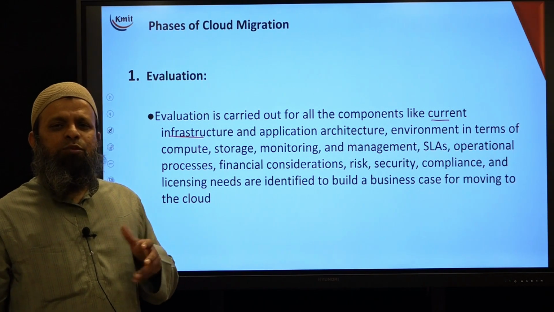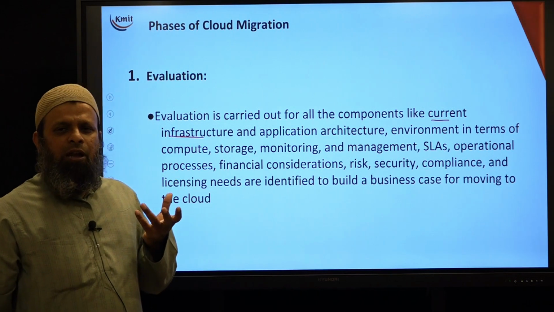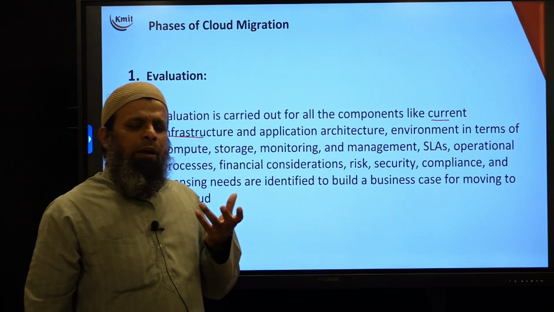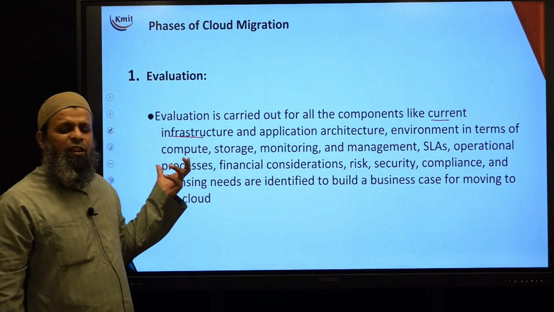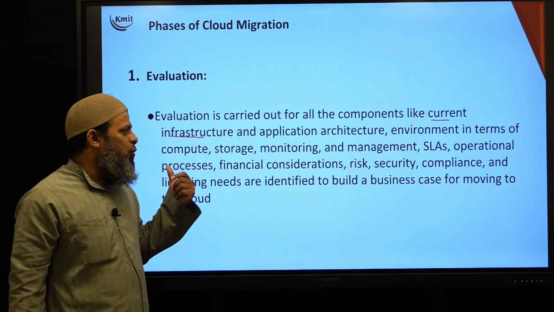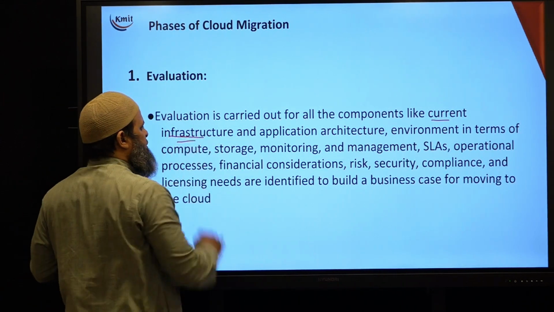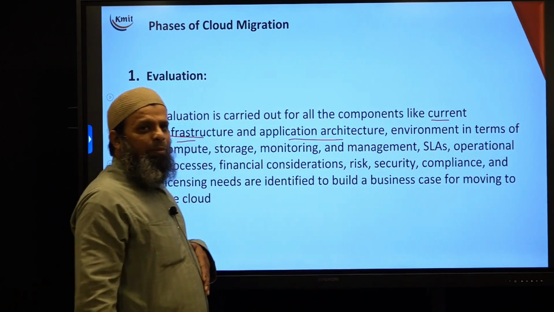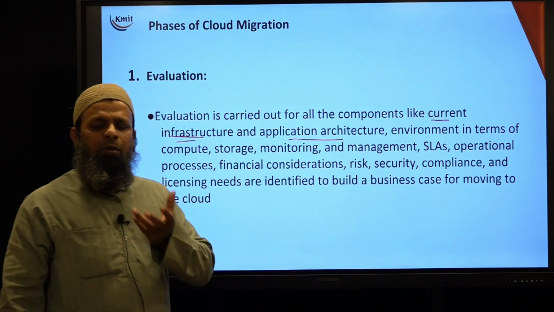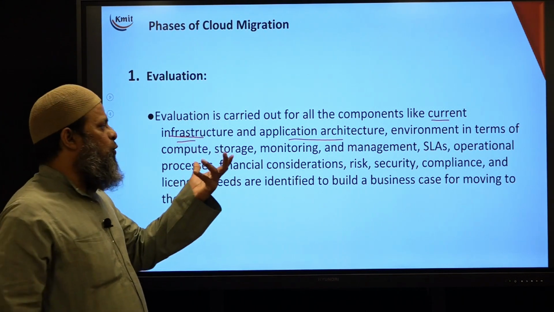If this cost is more than what is on the cloud, then organizations think that rather than buying infrastructure or servers, it is better to move to the cloud. So, the first thing they will evaluate is current infrastructure, and then the application architecture: whether the application which is built will work on the current premises or not. If it is not working, it is better to put it on the cloud.